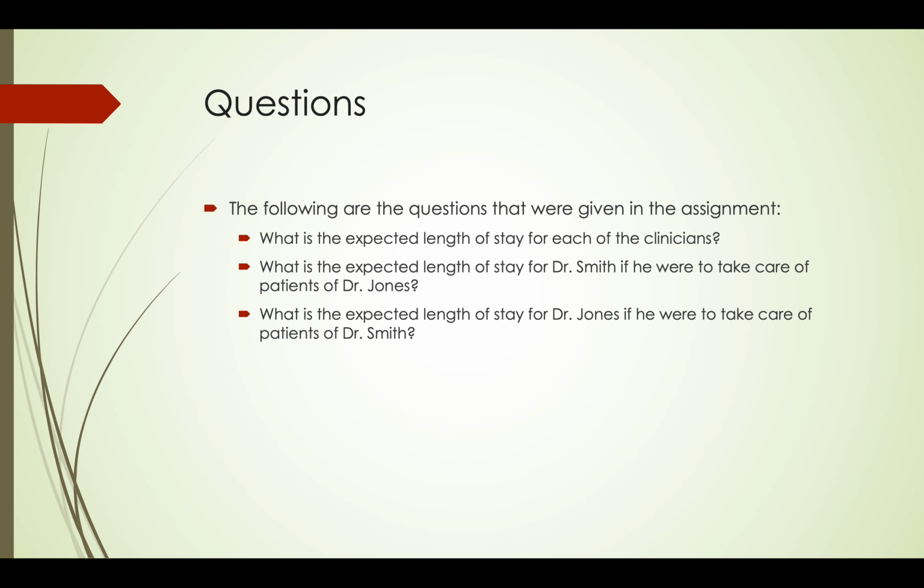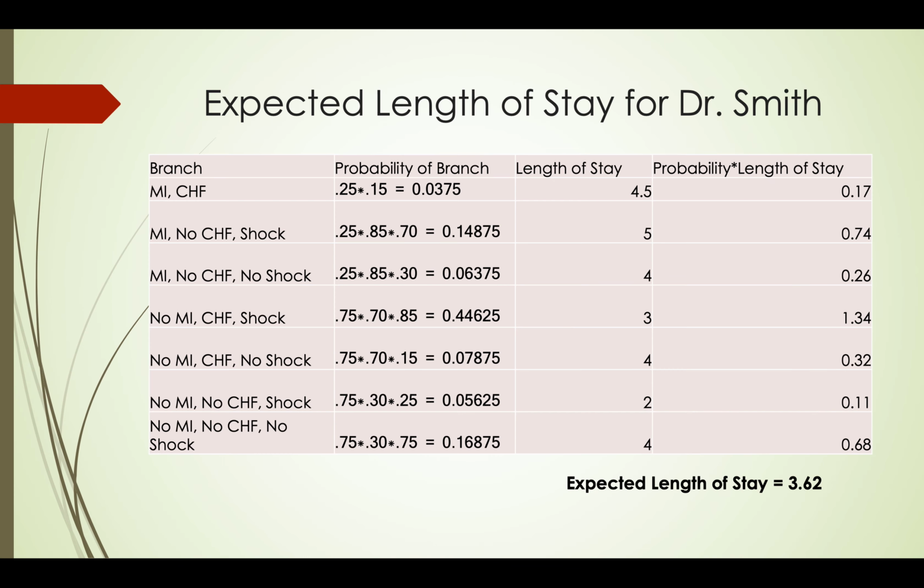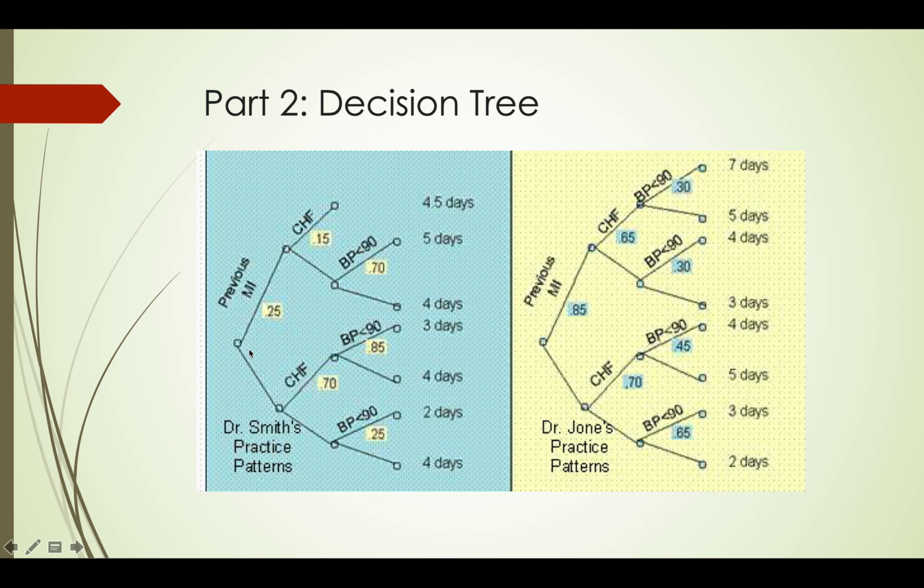So for the first part of the first question, I've broken down each branch in this table. The first column is each branch. The second column takes the breakdown of each part of the branch. For the first one, previous MI is 0.25, and congestive heart failure is 0.15.